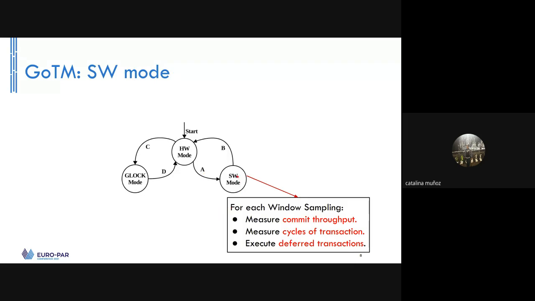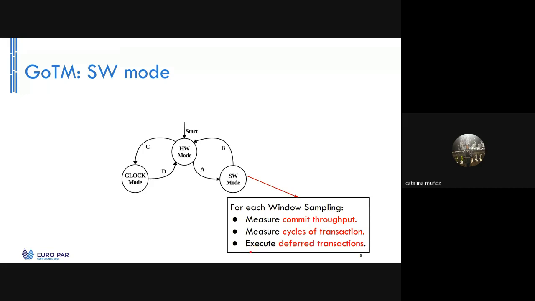Now, while executing in software mode, I also keep the measurements of the parameters I mentioned to be able to compare. And we also have to keep the count of the deferred transactions.